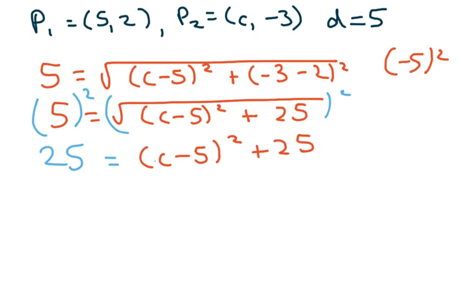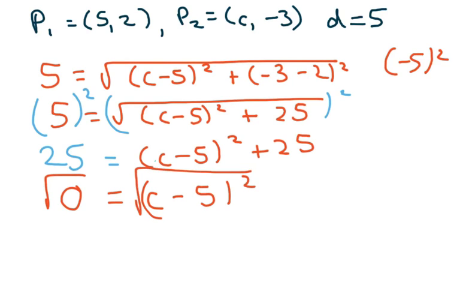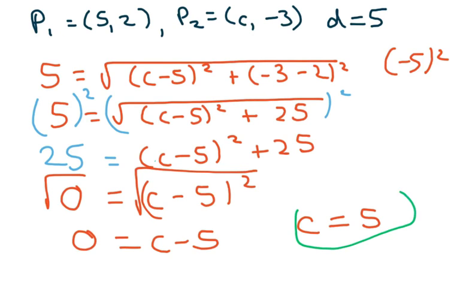All right. When you subtract both sides, you get 0 equals C minus 5 squared. I'm going to square root both sides. So I get 0 equals C minus 5. Add 5 to both sides and you get C equals 5. And that's how you solve for that.